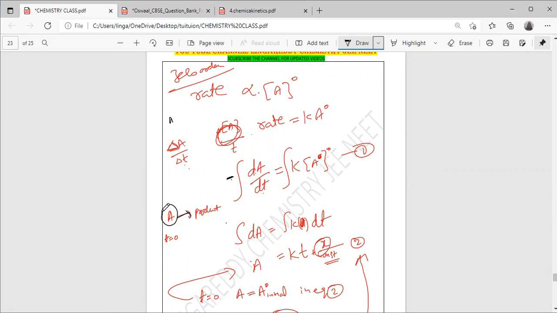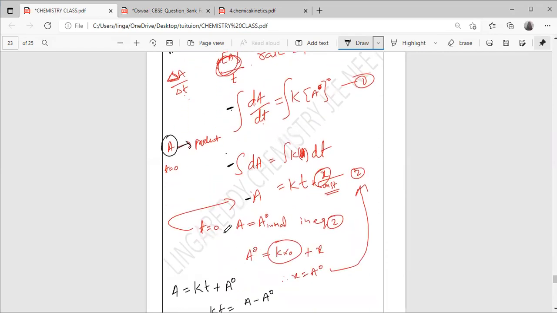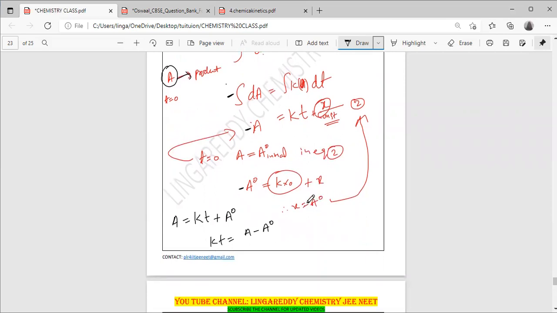When we are taking the reactant, the minus symbol should be there. So here it is the minus, then it will be the minus here. Whenever it is a minus, then A equal to A naught, it is a minus A naught. Then wherever x is there, x equal to minus A naught. kt.